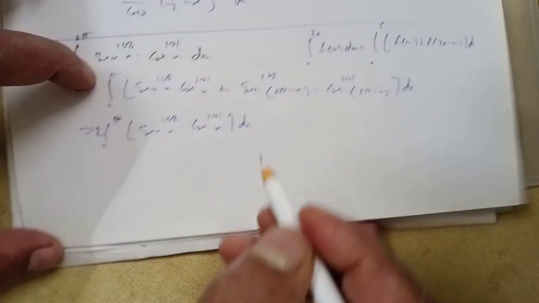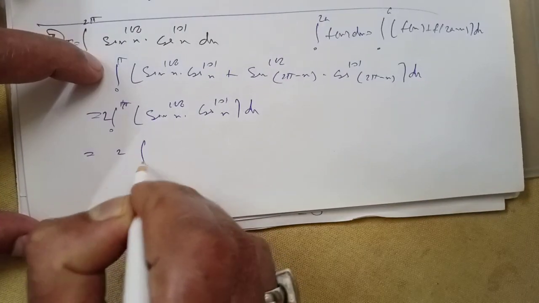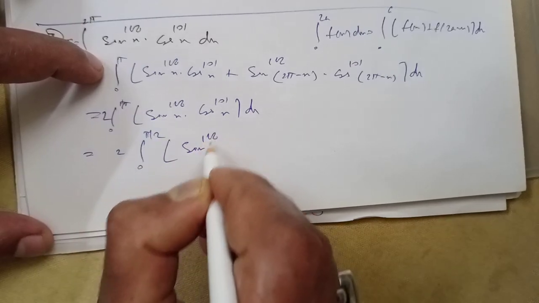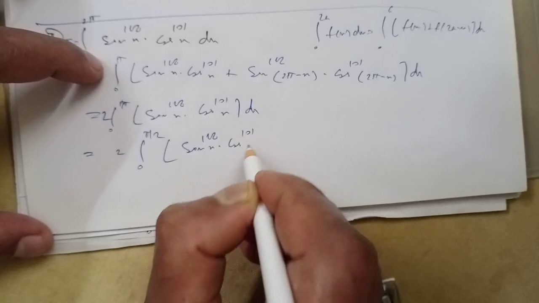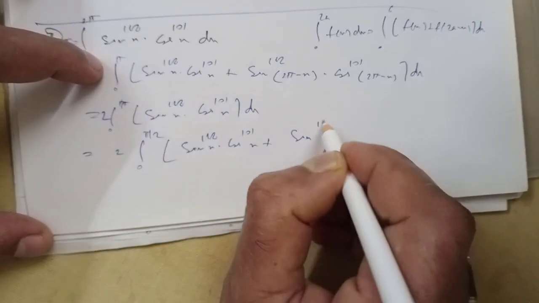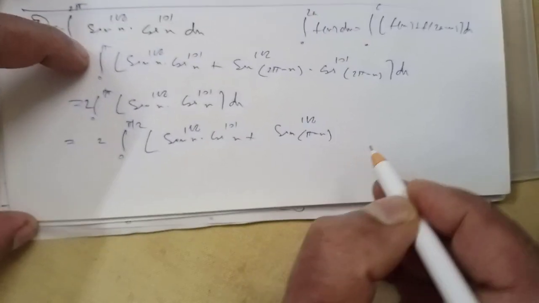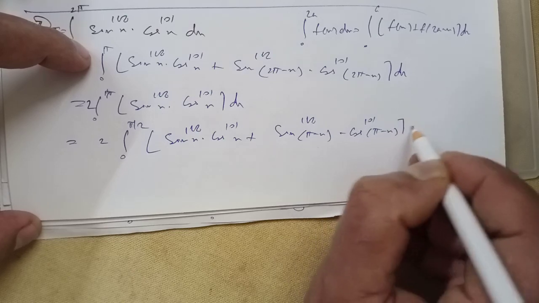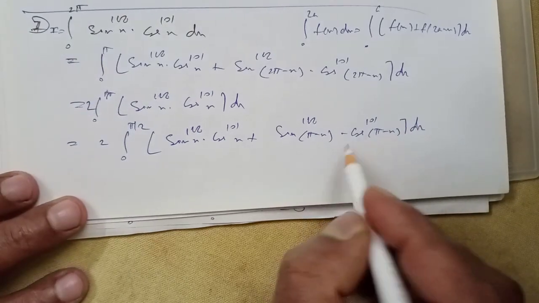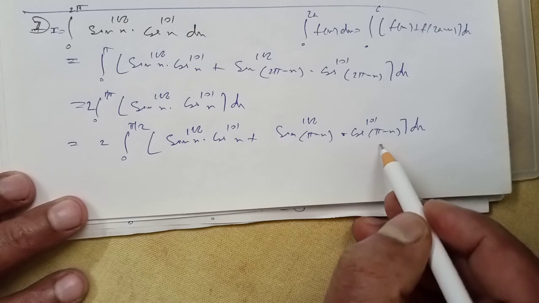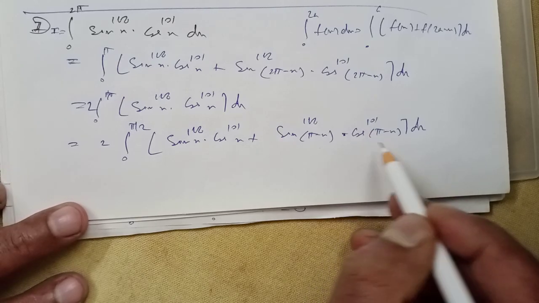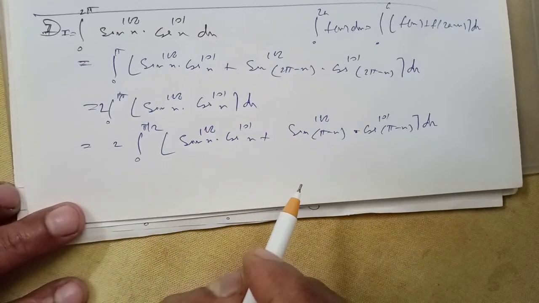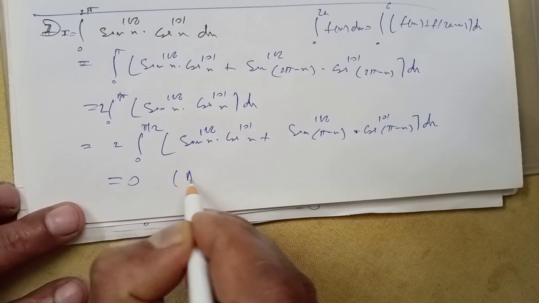Again I am applying sixth property here, so this becomes 0 to pi by 2 sine to the power 100x cos to the power 101x plus sine to the power 100, here it is pi minus x, cos to the power 101, here it is pi minus x dx. Here cos of pi minus x is minus cos x, power is odd, so this is minus cos to the power 101x, this is plus, so this will cancel each other, so we get 0 as the answer.